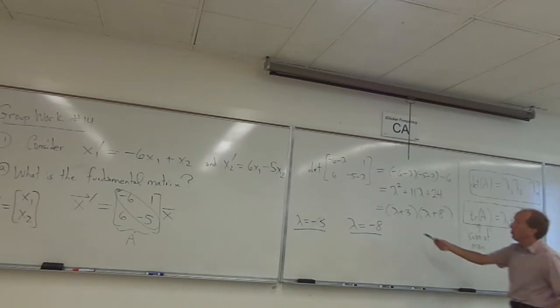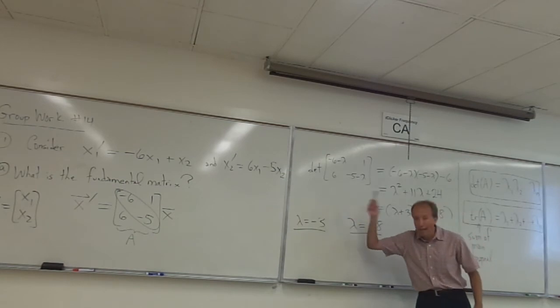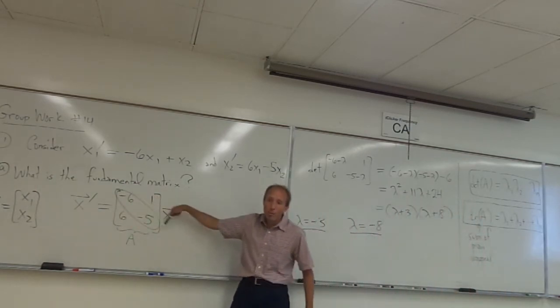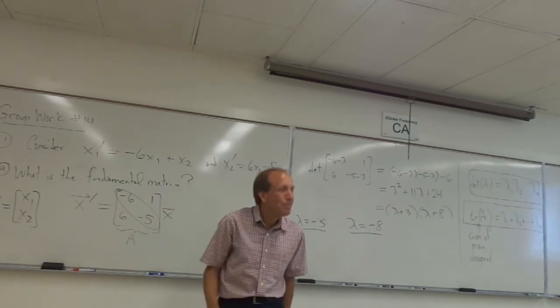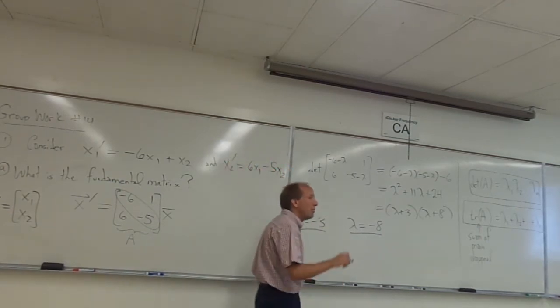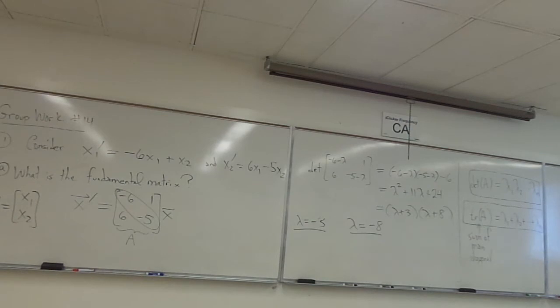The product is 24, the sum is -11. So you check the trace is -11, the determinant is 24, just to make sure you did it right. Or sometimes you find all of the lambdas except one that is giving you trouble. Well, you can sometimes use these two equations to figure out the missing lambda.